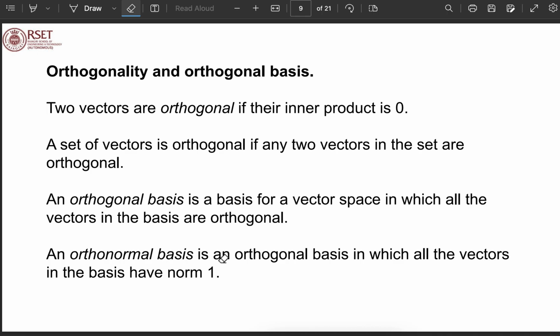An orthonormal basis is an orthogonal basis in which all the vectors in the basis have norm 1. Norm means length 1. Orthonormal basis means it must be an orthogonal basis, and also the norm of each vector in that basis must be equal to 1.